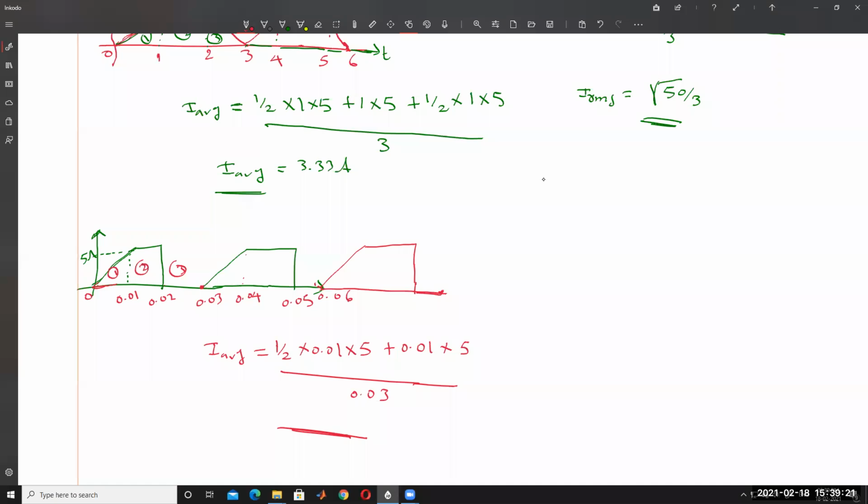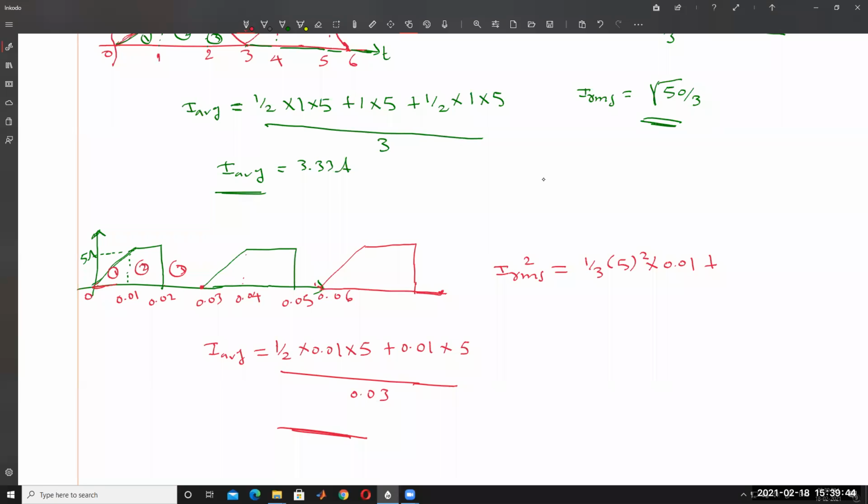Okay, this is for the average value, and now RMS. For the triangular waveform, 1 by 3 into i square into t. I square is nothing but 5 square into t. What is the time? 0.01.